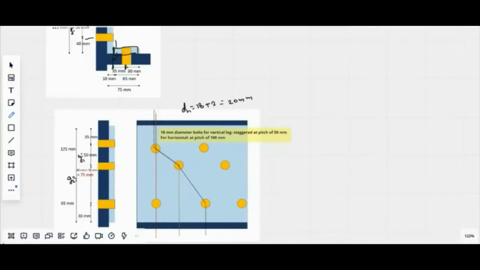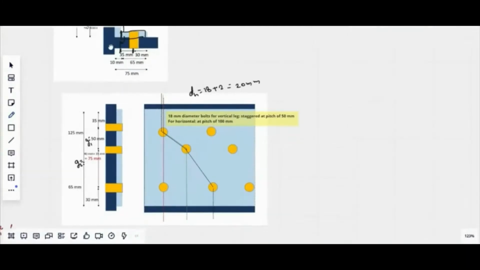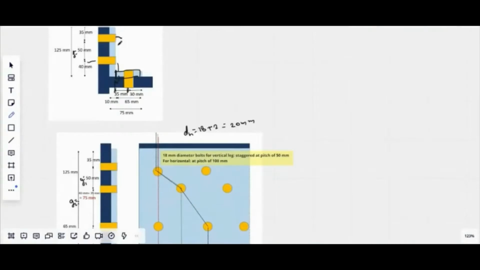It is seen for the vertical leg. When we are discussing the vertical leg, these two bolts are staggered at a pitch of 50, whereas for the horizontal leg it is bolted at a pitch of 100.